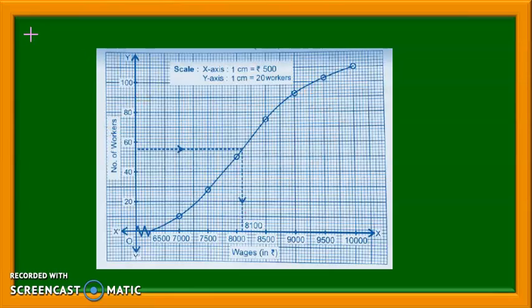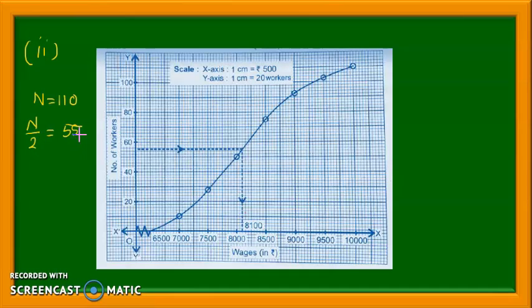This is the second part we did. And the last part is, from the ogive, you are asked to find the median. How? First of all, check whether the number of frequencies is even or odd. It is even, n equals 110. So n by 2 equals 55.